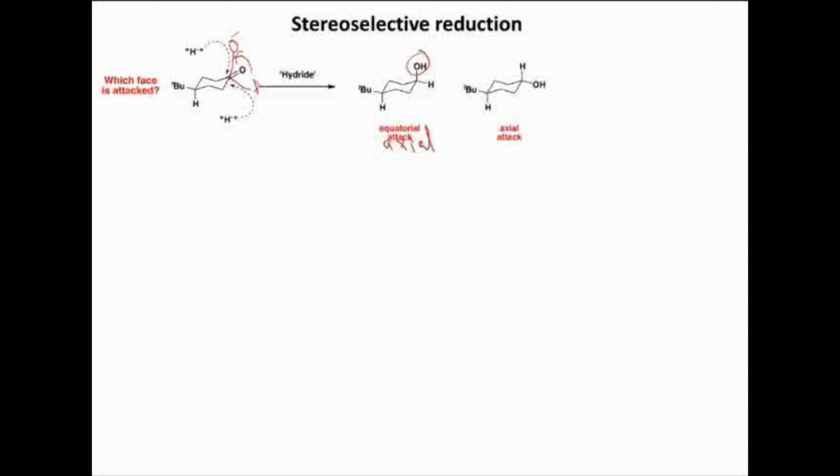Whereas if the attack takes place in the axial, this is the axial side. So axial side-la இருந்து attack பண்ணுச்சு அப்படினா hydrogen axial-la இருக்கும், OH group will be pushed to the equatorial position. So this is equatorial alcohol. Okay, so இப்போ வந்து that depends upon whether axial alcohol கிடைக்குதா அல்லது equatorial alcohol கிடைக்குதா.